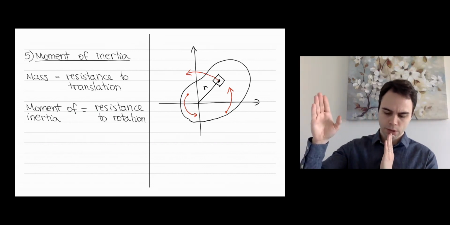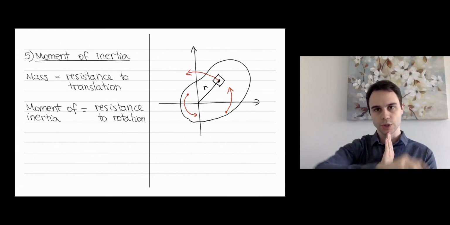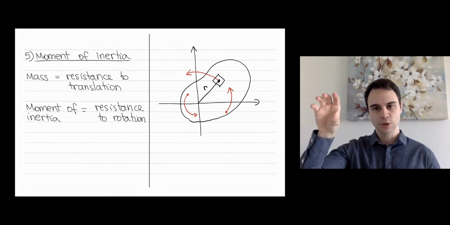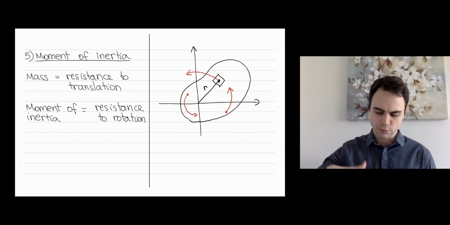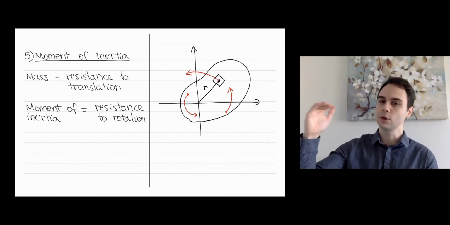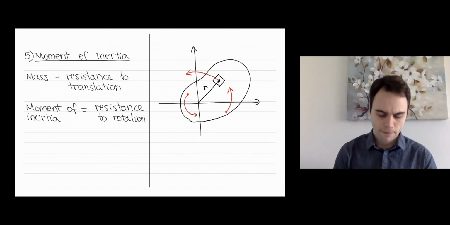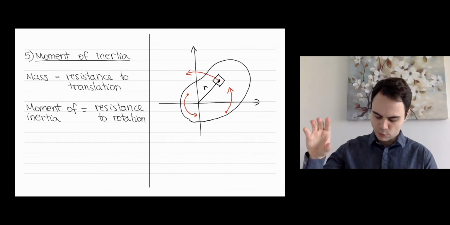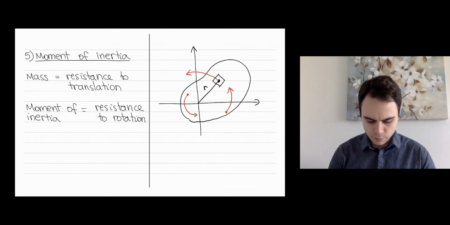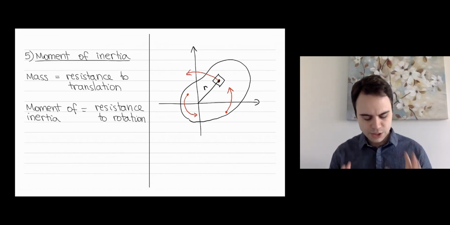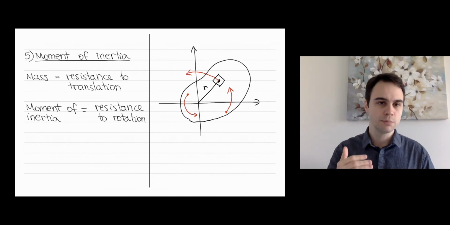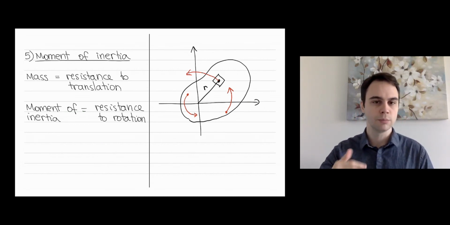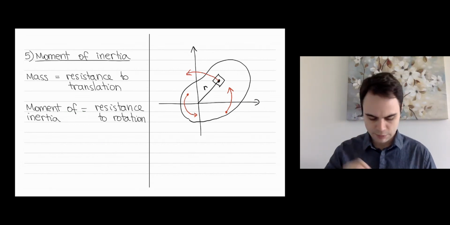If you have a cart on a roller coaster and you want to get it moving at a certain speed, you have to build a roller coaster with a certain height that gives you the correct amount of potential energy that will be converted to that kinetic energy. So mass is resistance to translation, and we can think of this as the amount of energy that we need to impart to an object to get it moving at a particular speed.